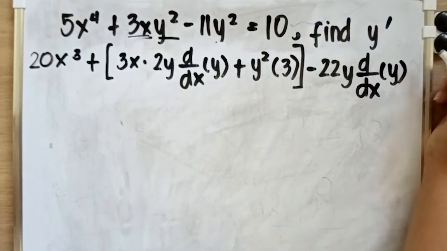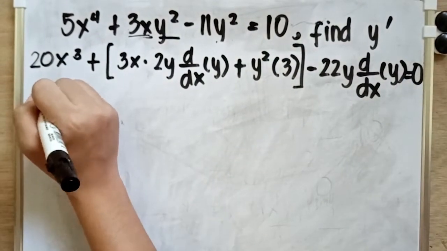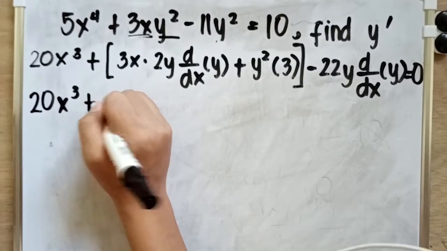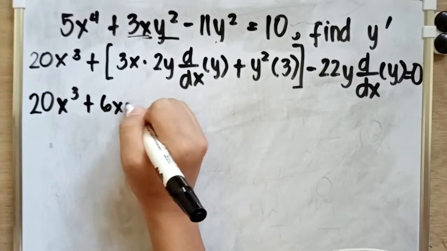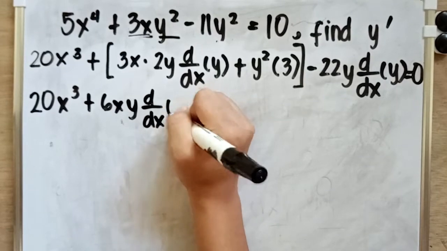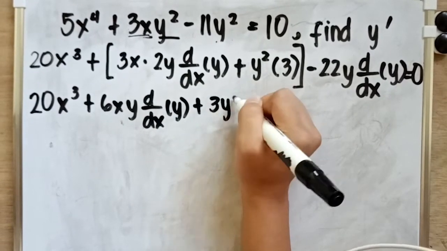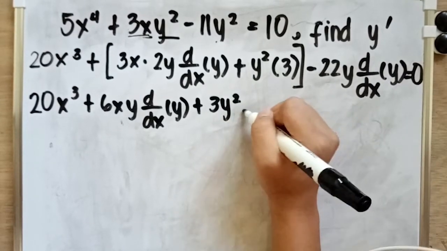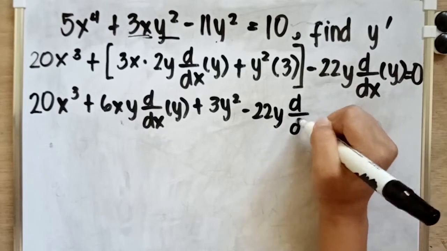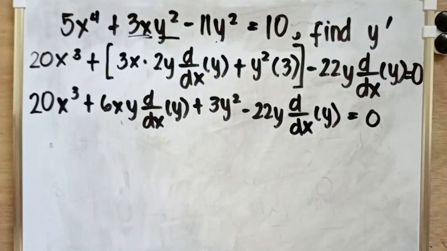Equals, derivative ng constant is 0. 20x cubed plus 6xy d over dx of y plus 3y squared minus 22y d over dx of y is equal to 0.